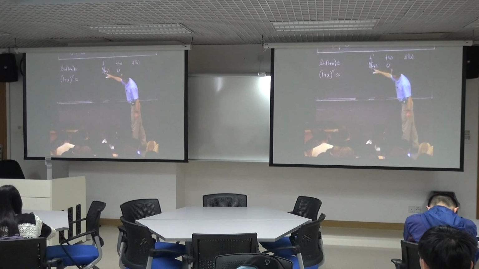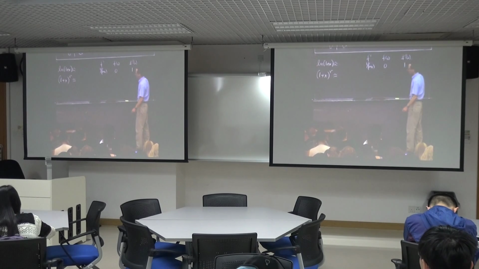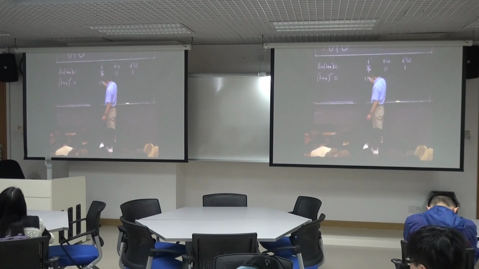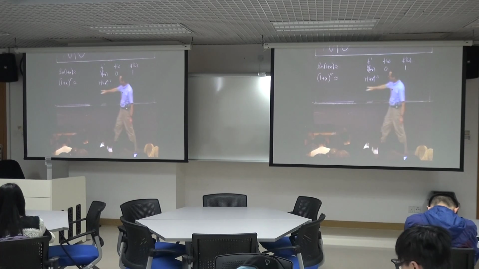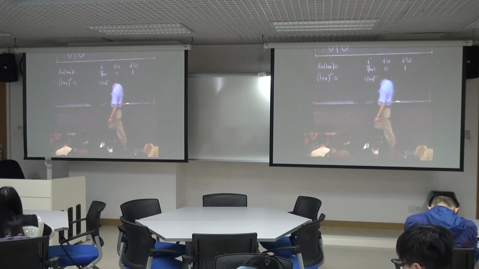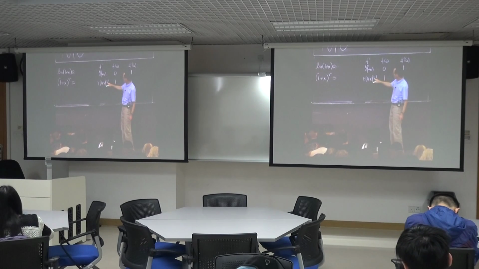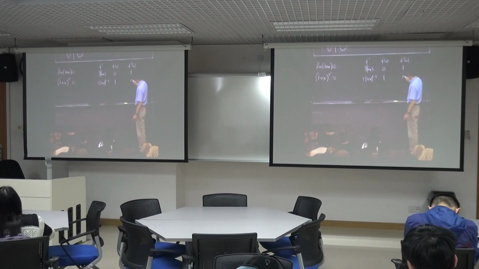And f prime, if I plug in 0 here, I get 1. And similarly, if I do it for this one, I get r times 1 plus x to the r minus 1. And when I plug in f of 0, I get 1 to the r, which is 1. And here I get r times 1 to the r minus 1, which is r.